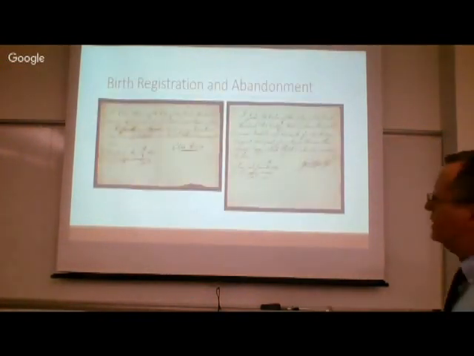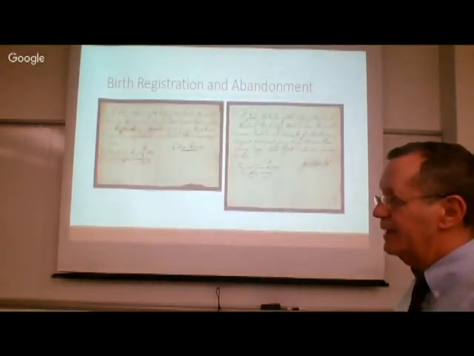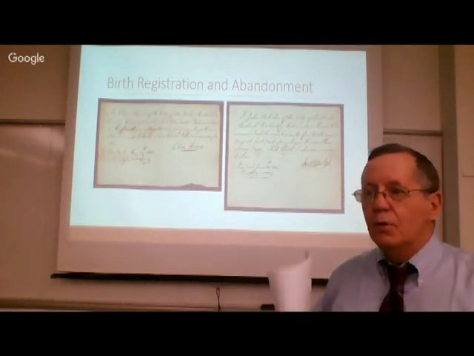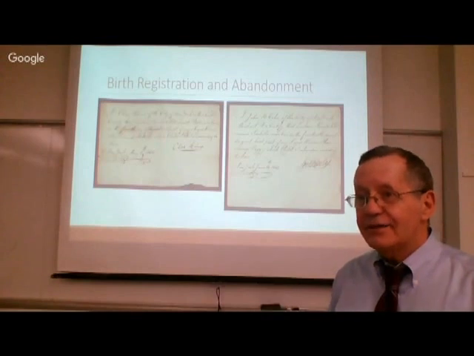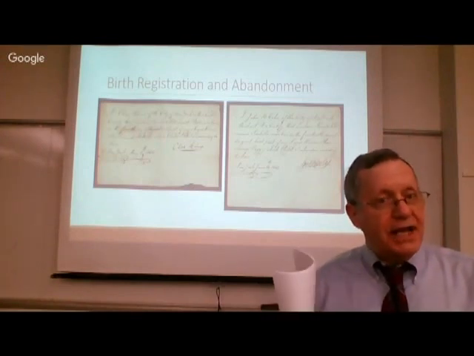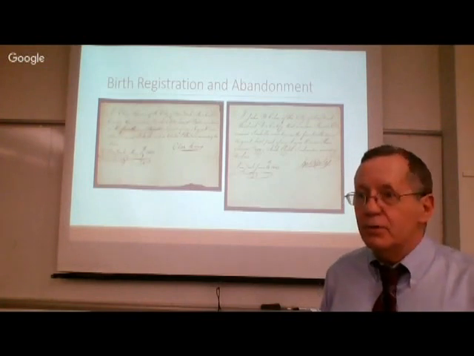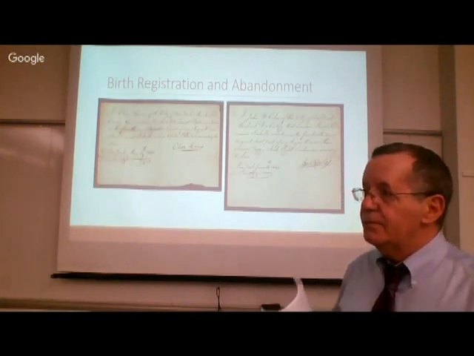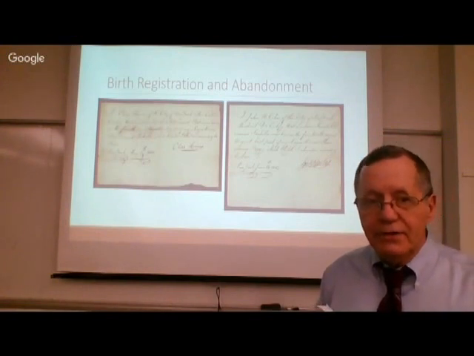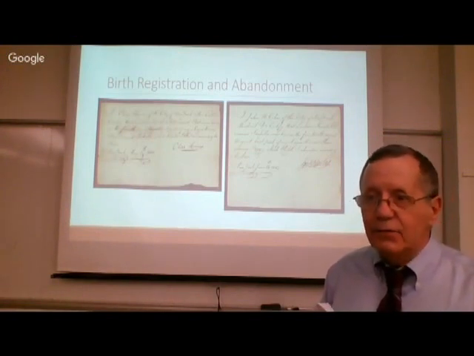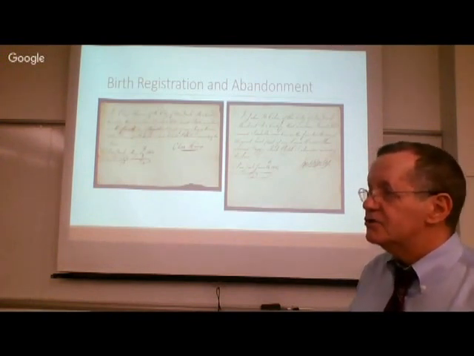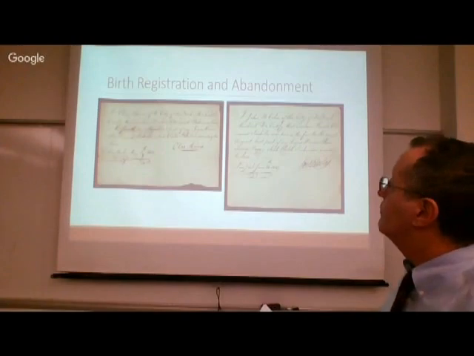Okay, next we're looking at birth registration and abandonment records. And we're telling you, just to orient you, we're going through the different kinds of records that there are to assemble a database that gives you a list of the names of a lot of people who were slaveholders and a lot of people who were enslaved. So these are basically birth certificates, and they were required by the 1799 law that was the gradual abolition law.